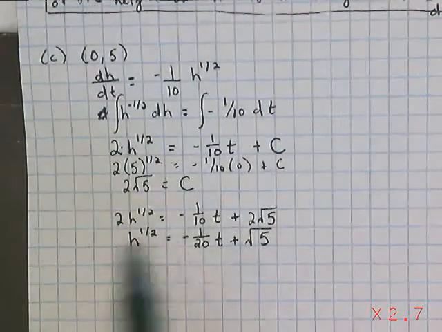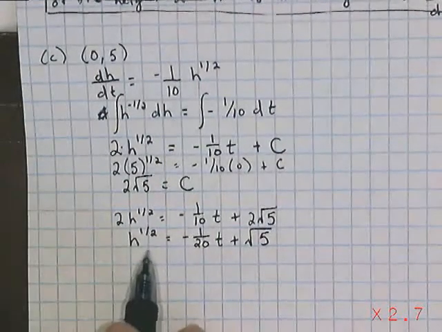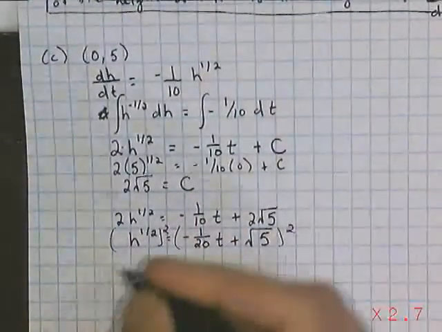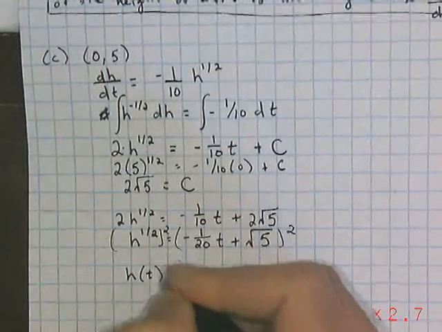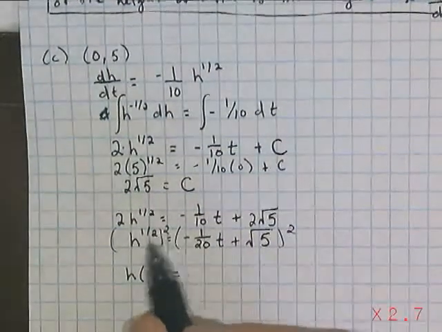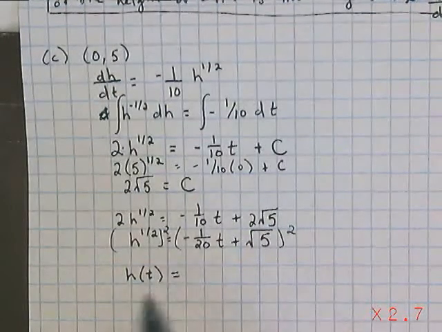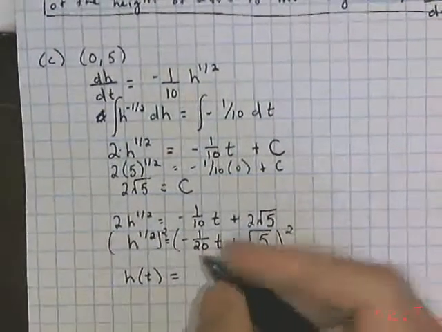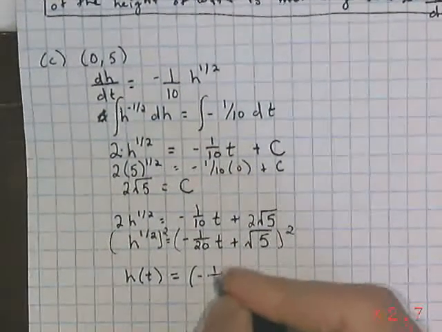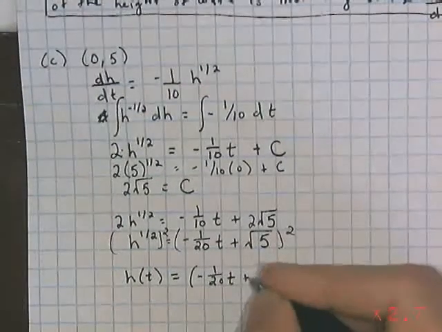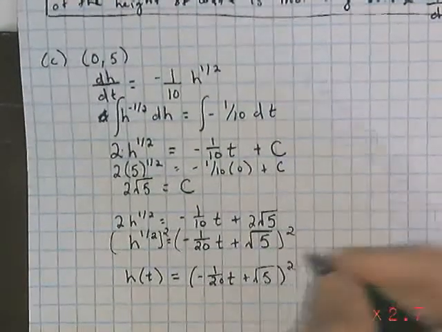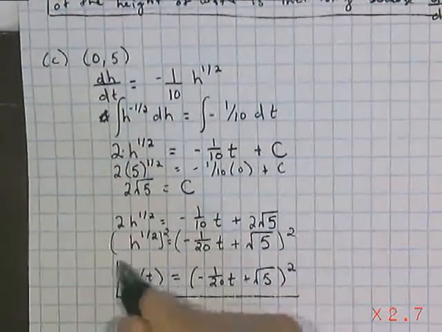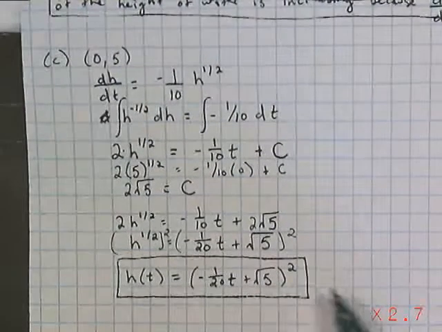And then finally, if I want h by itself, I'm going to square everything. Once you get rid of that exponent, you can write h of t. And heck no, we're not going to try to expand that out. We're just going to say that h of t is equal to negative 1/20 t plus root 5, squared. Box it up. Get on with your life.